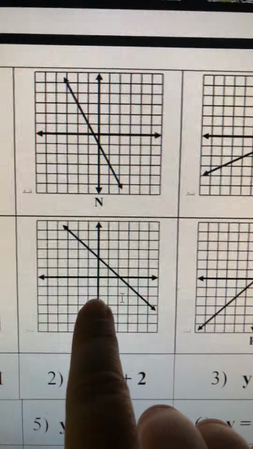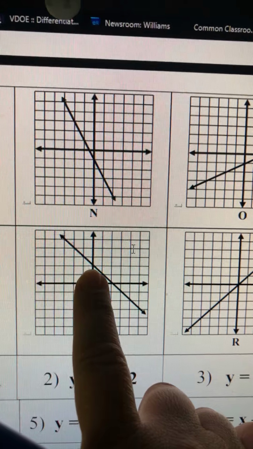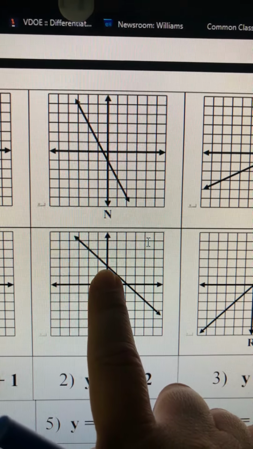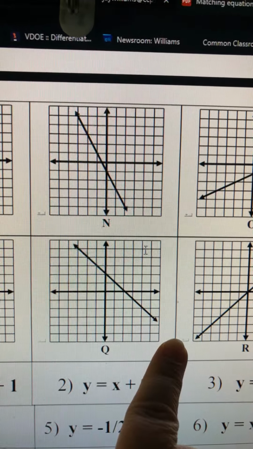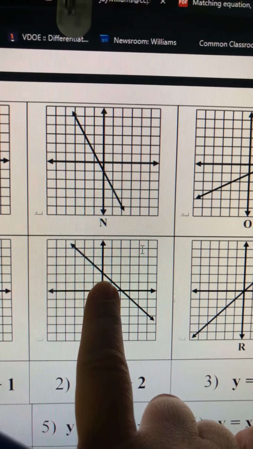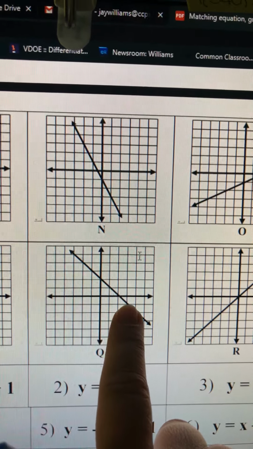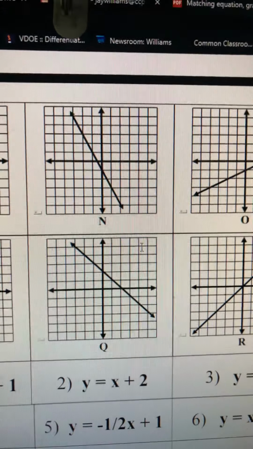Negative slope here, okay? My y-intercept is +2, and it's going down and to the right, okay? So I'm going to say down 1 over 1, down 1 over 1, down 1 over 1. So my slope is -1, okay?